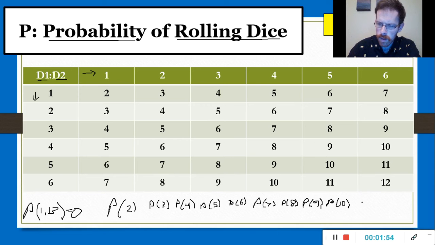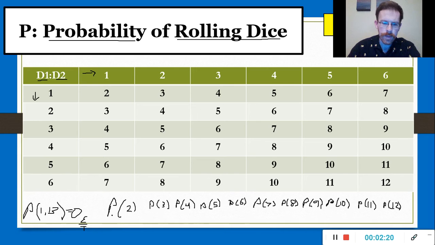Probability of 10, probability of 11, and a probability of 12. Since these are all possible events within our space of rolling the dice, they each have their own individual probabilities, and it could be anything of the form E over T.